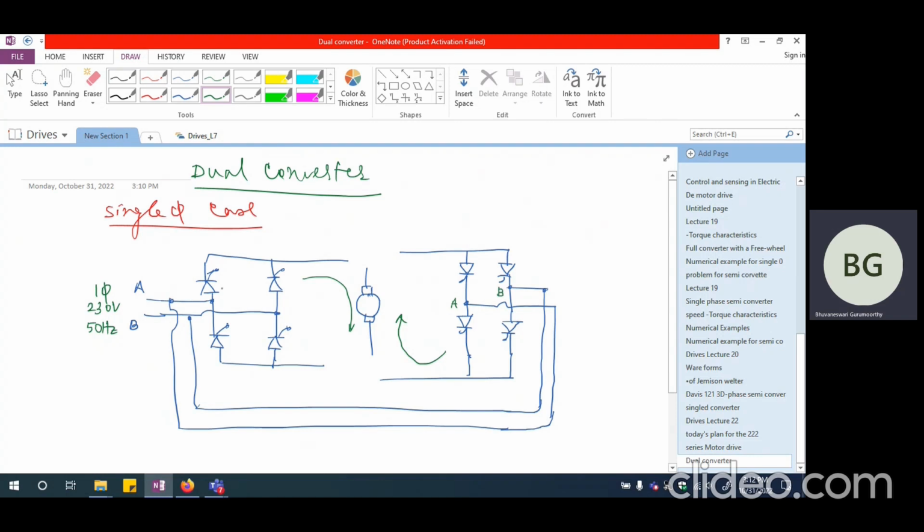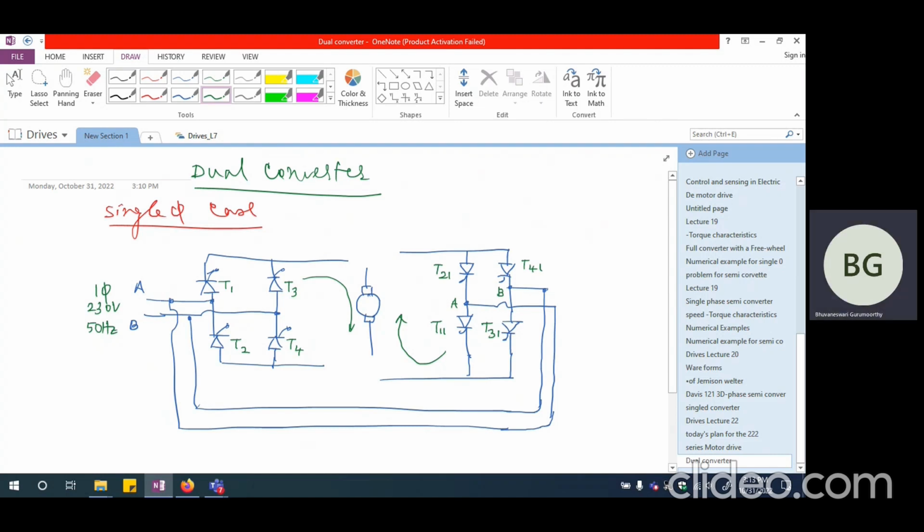If I call these T1, T4, T3 and T2, I'm going to call the same way whatever is connected to the positive side of A. So this becomes T11, this is T31, this is T21 and this is T41. So these are the four devices.